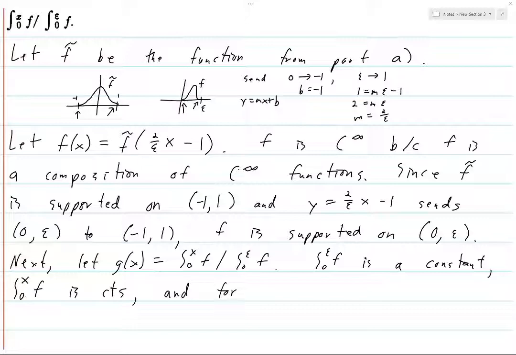Now, as for the derivatives of g, the nth derivative of g, if we take a derivative greater than or equal to 1, what is this going to be? Well, we're going to keep the 1 over integral from 0 to epsilon of f, because again, that's just a constant, so that stays there. And then we're going to take n derivatives of the integral from 0 to x of f. But by the fundamental theorem of calculus, that's just the same as taking n minus 1 derivatives of f, where of course the 0th derivative of f is just f itself.